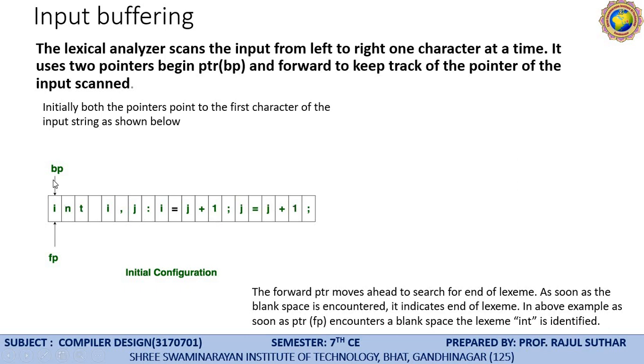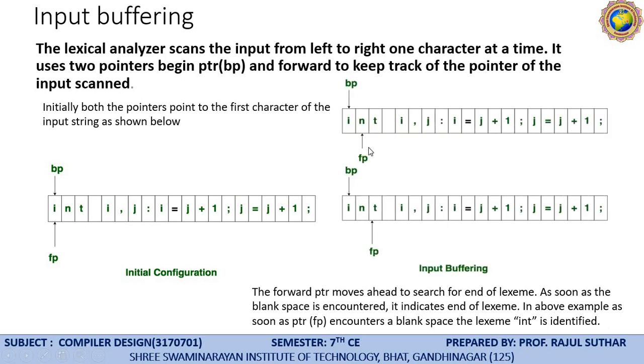In this buffer, the begin pointer and forward pointer are at the starting location. Then this is the movement of the forward pointer. It moves to the next position, and again to the next. The forward pointer moves ahead to search for the end of the lexeme as soon as a blank space is encountered.